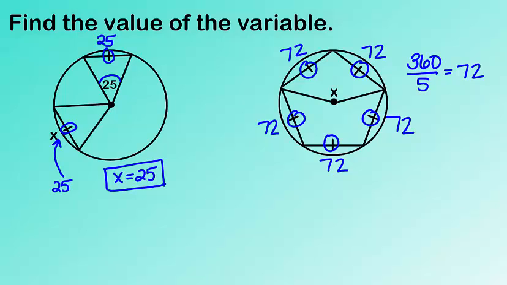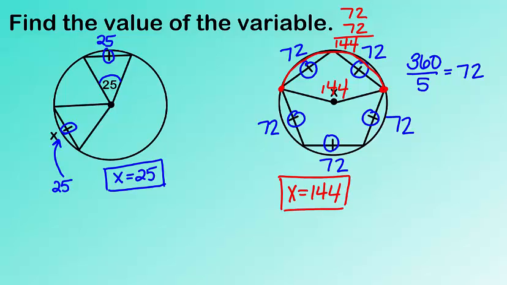Well, I want to know the central angle formed by these two arcs. So I'm going to add that together, and I get 144. So this central angle has to be 144. So x is equal to 144.